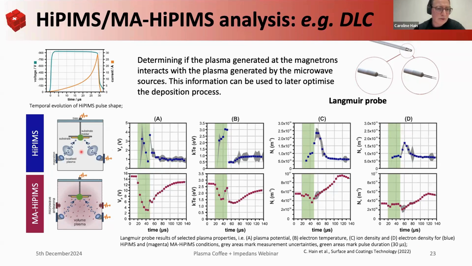I think it was about 10 centimeters from the magnetron, in the place where the substrate would be. It's best to measure exactly where your substrate is, because anywhere else you still have to make an inference. And for your TOF measurements, the TOF entrance is also at the substrate position. Exactly, the orifice of the TOF would be exactly at that spot, so we can really link it with what's reaching our substrate.